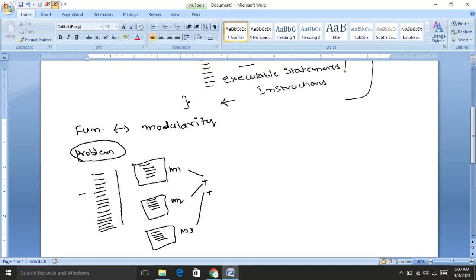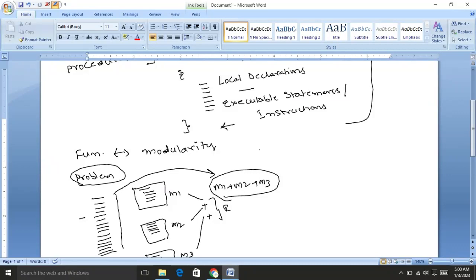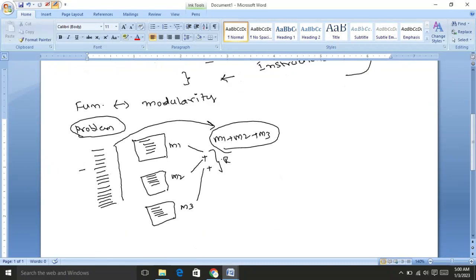We get the result of the problem, that is M1 plus M2 plus M3 gives the solution for the main problem. Let us consider a simple example: 2 plus 4 plus 7 plus 5 plus 6 plus 8 plus 9 plus 3. Let us consider this is a big problem.